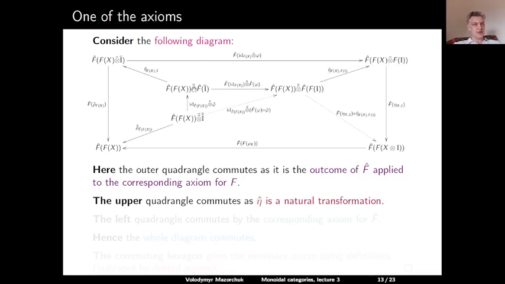So we have eta hat here, and then two horizontal arrows connecting this into a quadrangle, and we see that the fact that eta hat is a natural transformation implies commutativity of this square. Now the left quadrangle which we have here commutes simply because of the right unitor axiom for the functor f hat. And this means that the whole diagram commutes.